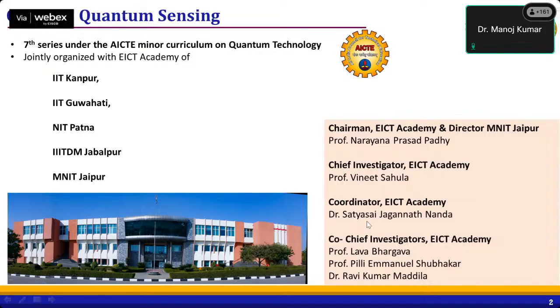Once the links come up, I will mention in the group that you can go to the MNIT website and you can visit IIT Jabalpur, NIT Patna, IIT Roorkee, IIT Guwahati. These are the sites where EICT academies are there. 7 academies are there, including IIT Kanpur. MNIT will also be part of these global courses.